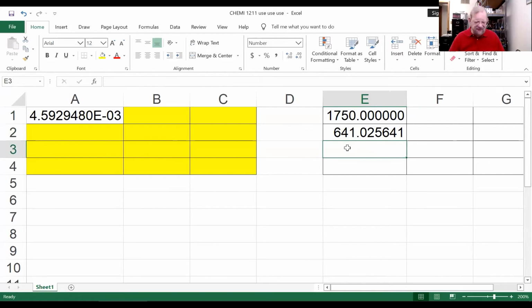And round this off to 3 significant figures. Keep the 6, keep the 4, keep the 1. You use the 0 to round off. That's 4 or less. So the answer is 641.